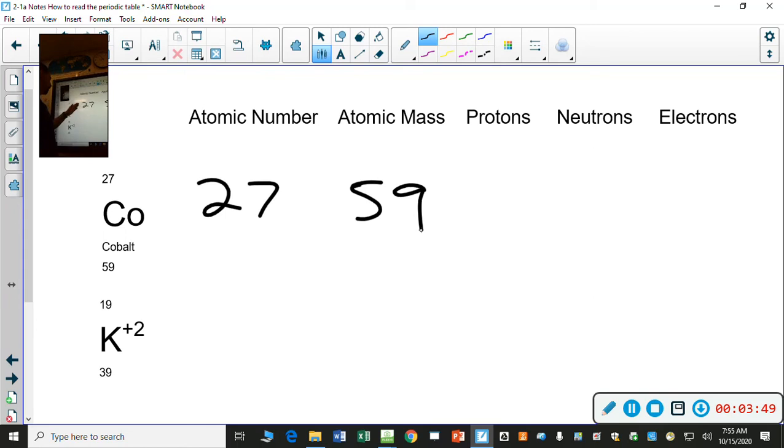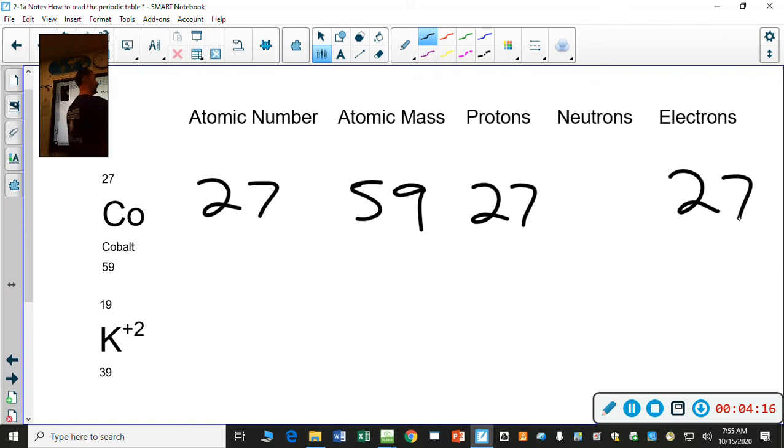And protons, remember, are equal to the atomic number, so that's also going to be 27. This is neutral. There's no charge up in this corner, so therefore the electrons are also going to be 27. To find the neutrons, all you're simply going to do is take the atomic mass minus the protons. So if I do 59 minus 27, you can use a calculator, it's fine, you'll end up with 32 neutrons.